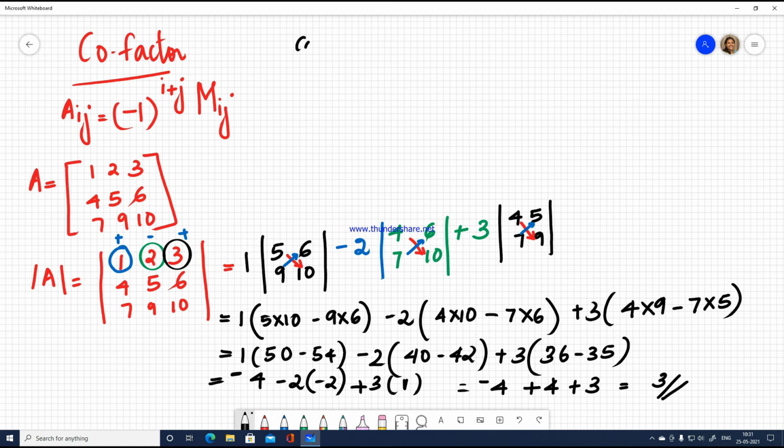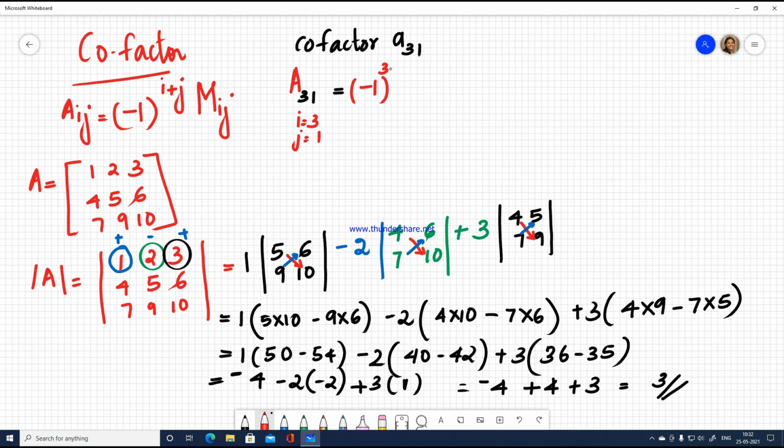Suppose we are asked to find the cofactor of A31. We represent the cofactor in capital, so it is capital A31, equal to minus 1 raised to i plus j, where i is equal to 3 and j is equal to 1.